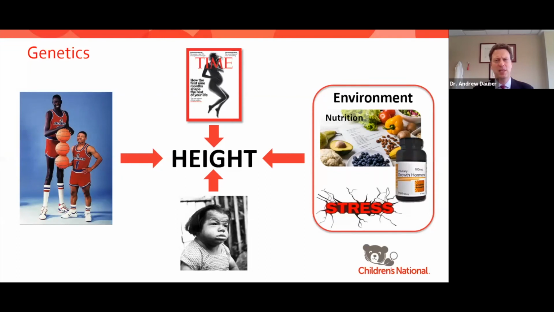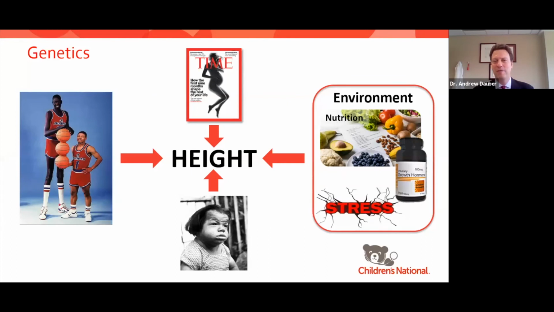If there's stress, psychosocial stressors can definitely lead to short stature and growth retardation. On the bottom is pictured a child with congenital hypothyroidism that has been untreated, and that has both genetic influences as well as environmental influences. And that's just a reminder that there are many chronic diseases that can have significant impacts on an individual child's growth.